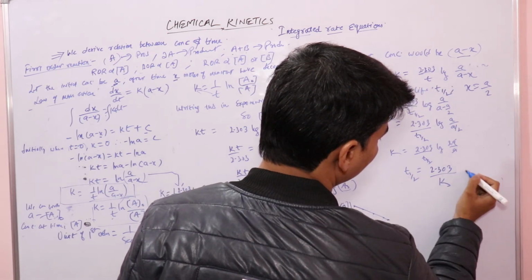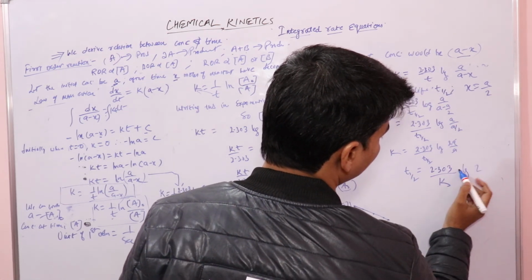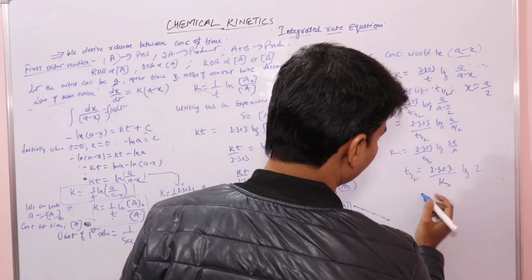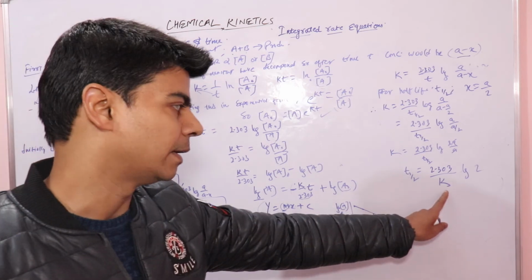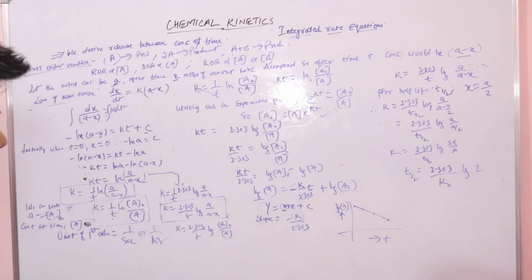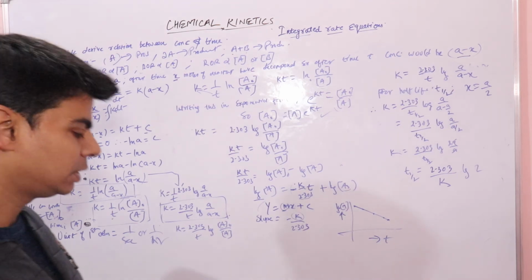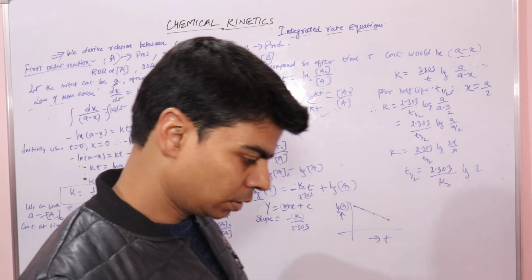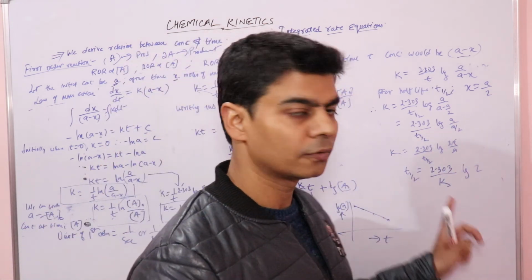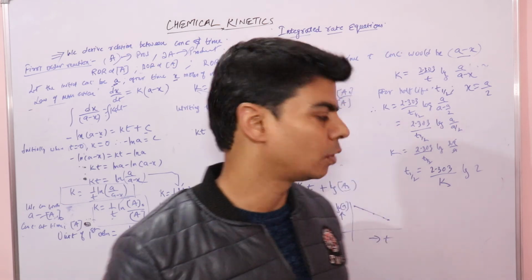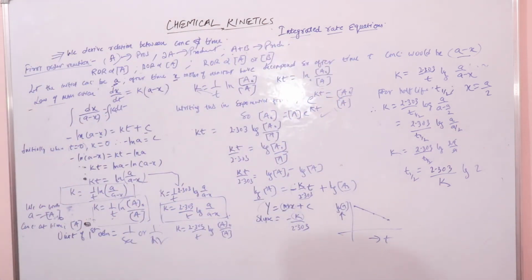Here log 2 is some value, so you can see that you just have k. When we calculated the half-life for the zero order reaction, it depended on the initial concentration of reactants taken, but the half-life of a first order reaction does not depend on the initial concentration taken, right?